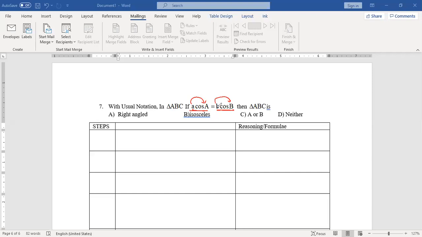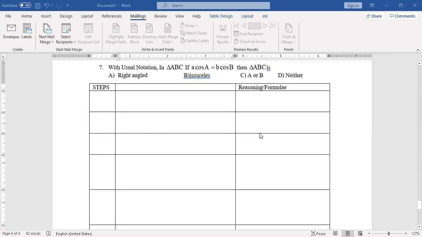How can you simplify this? A cos A is equal to B cos B. If I want to prove it is right angled or isosceles, either I have to show that the sum of the two angles is 90 degrees, or for isosceles, that two angles are equal.